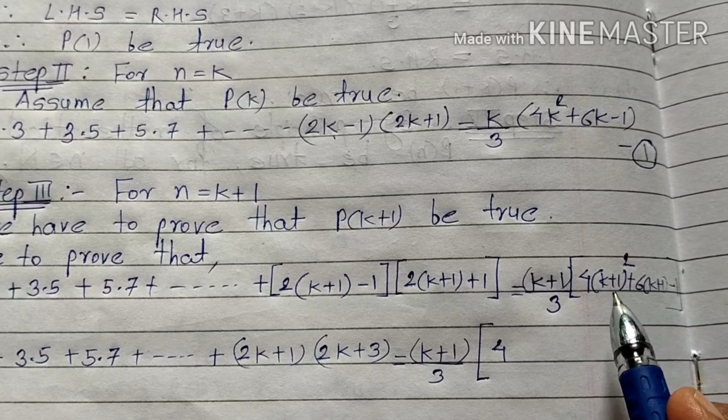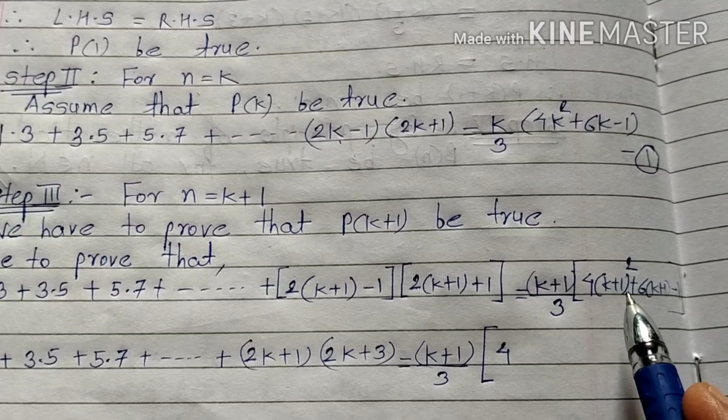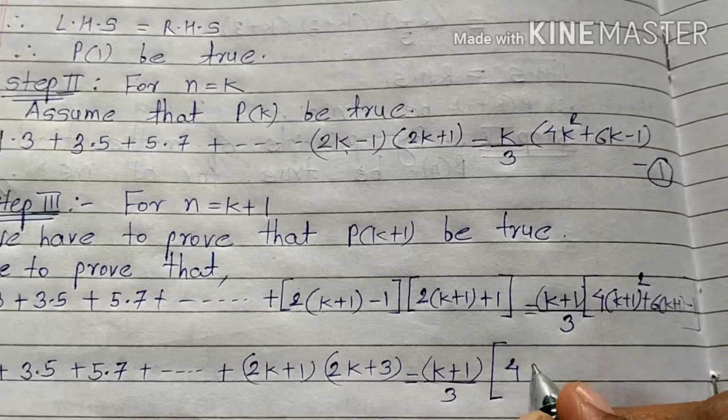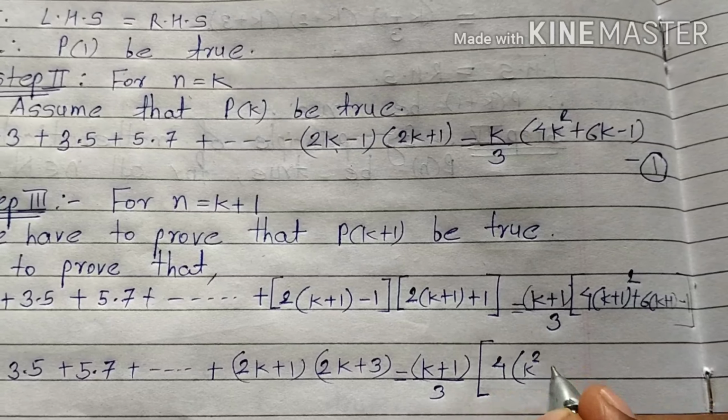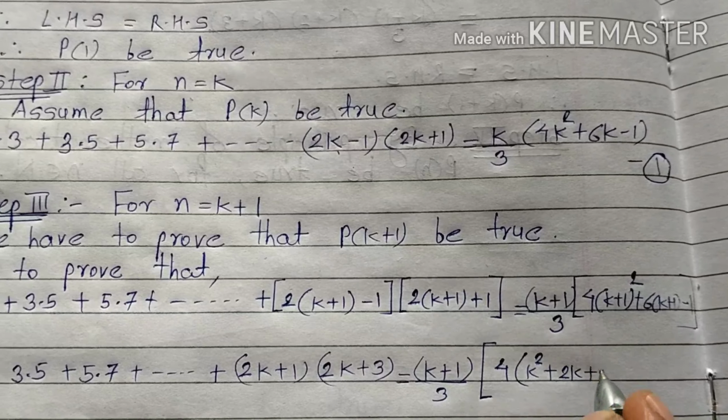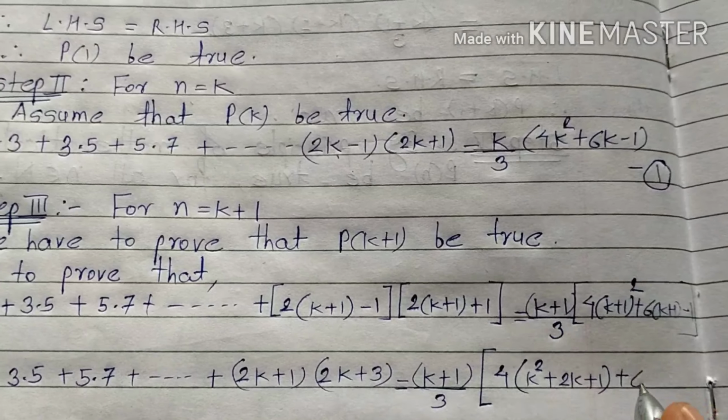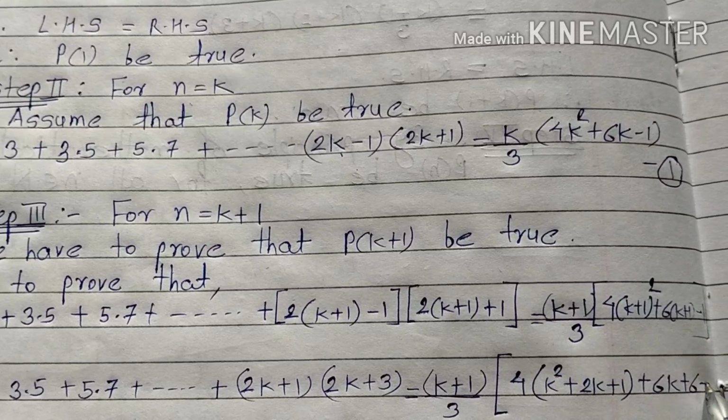So the formula for (a plus b) whole square is a square plus 2ab plus b square. So using this, k square plus 2k plus 1, and here 6k plus 6 minus 1.